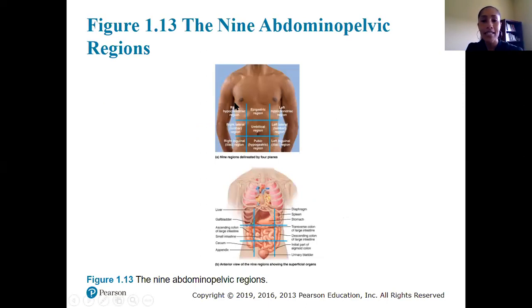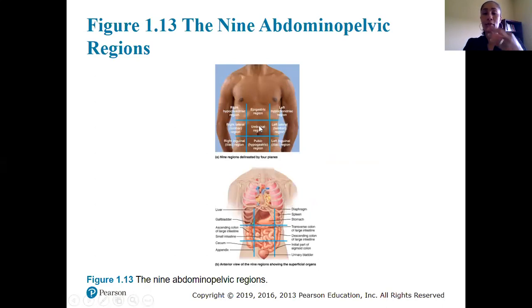So we have the right and left hypochondriac region representing the right and left upper portions of the abdominopelvic area. Then we have the right and left lateral or lumbar region. And then we have the right and the left inguinal or iliac region representing the lower portion of the abdominopelvic area. In the middle of the abdominopelvic area, the upper portion is known as the epigastric region.